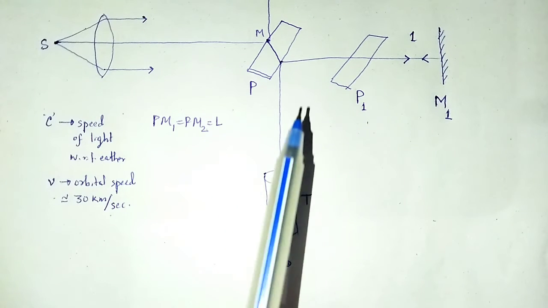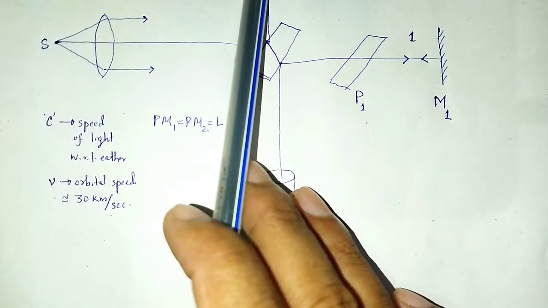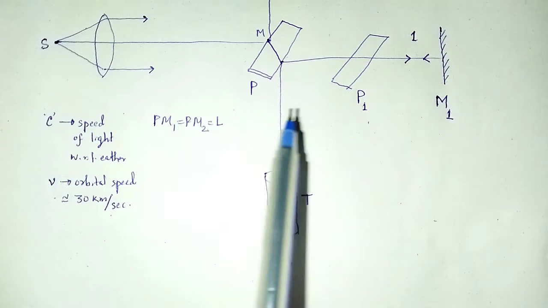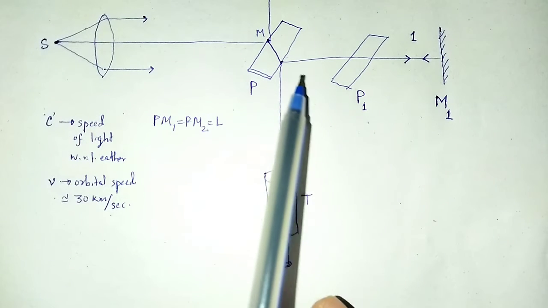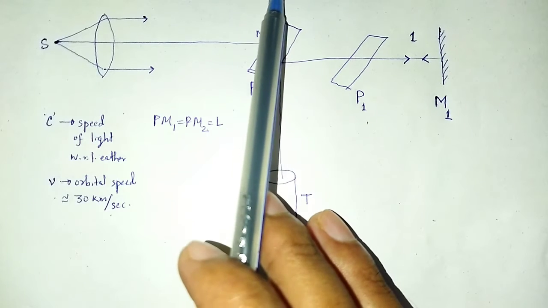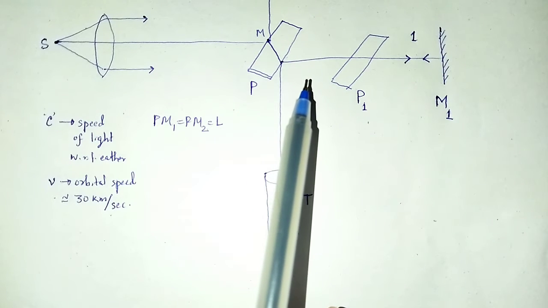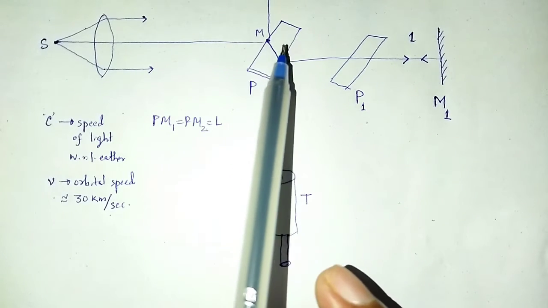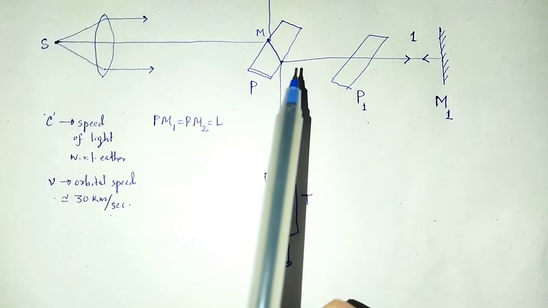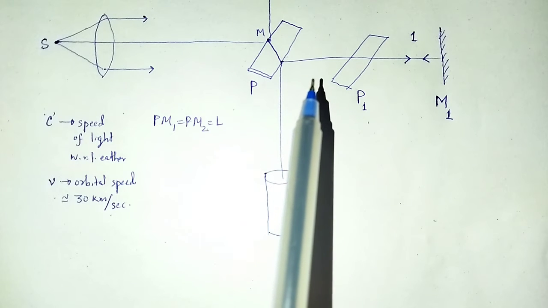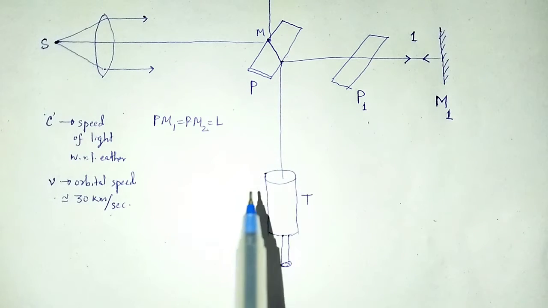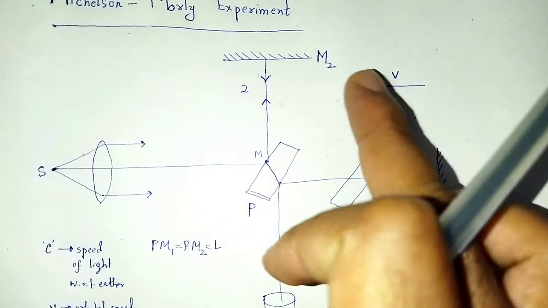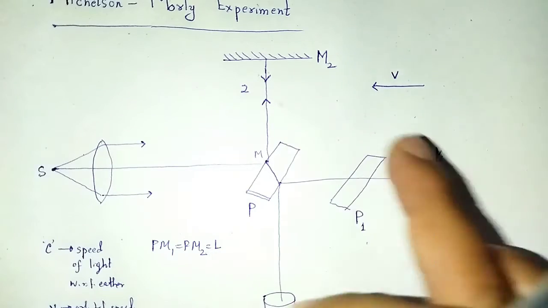One arm PM1 is parallel to the motion of earth and the other, PM2, was perpendicular to the direction of motion of earth. This one is PM1, this one is PM2. This is the direction of V.